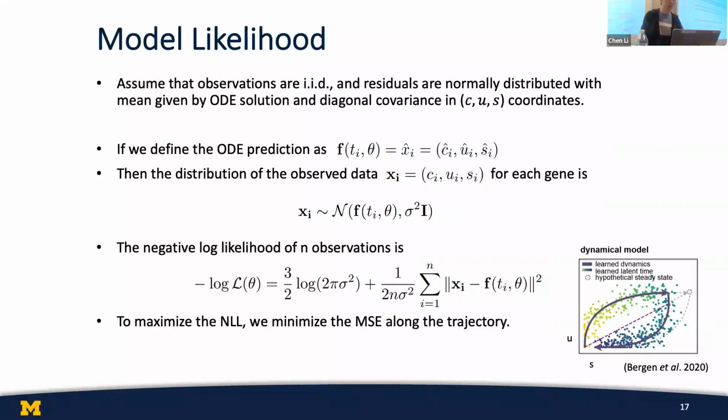That means it forms a trivariate Gaussian along the proposed ODE solution. Here the ODE prediction is F, and the distribution is given by a trivariate Gaussian. Now to maximize the log likelihood, we would minimize the MSE, if we just look at the term at the end.